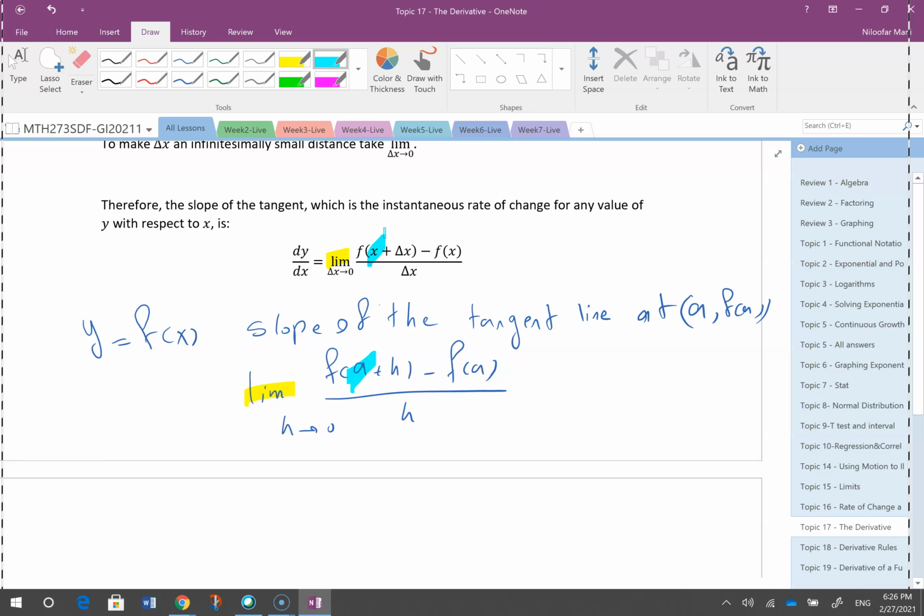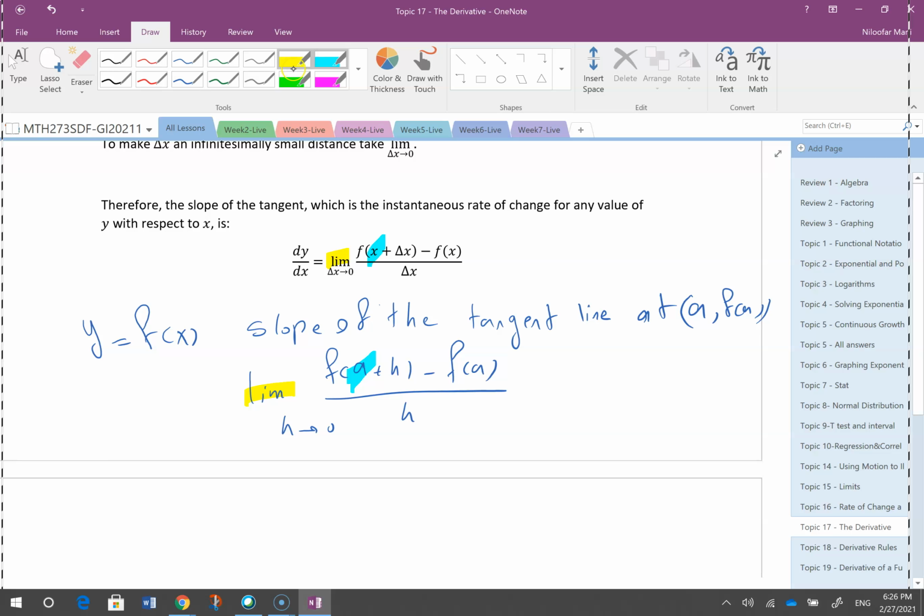It doesn't matter, you can still use h, and you are going to see I still use h, because h or delta x, both are symbols. When I have a symbol, I can use any symbol. It means a change, a little bit, x plus something very close to x.